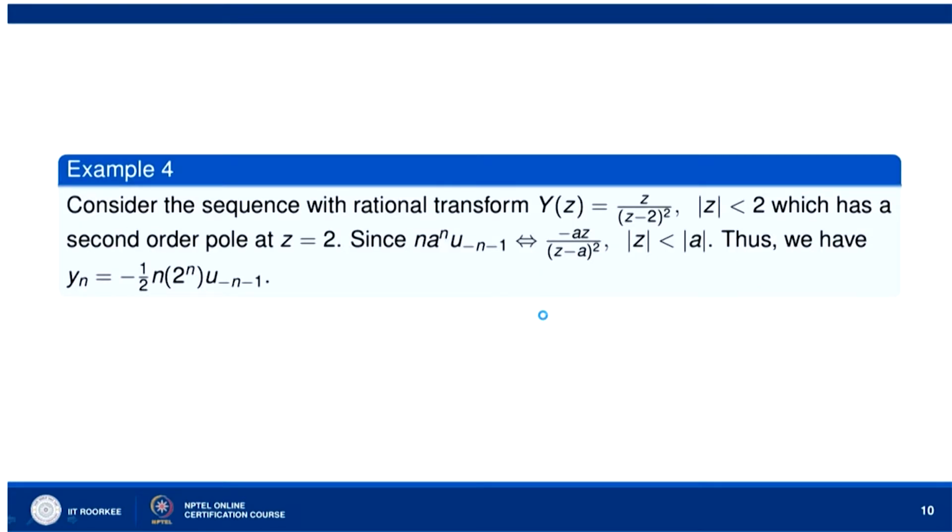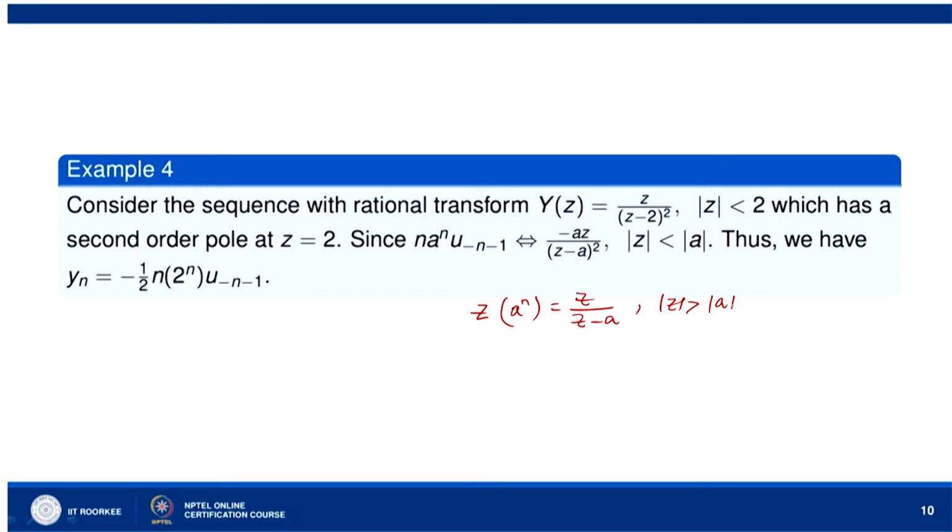Now, consider the sequence with rational transform Y(Z) equal to Z over Z minus 2 whole square when mod of Z is less than 2. We can see that it has a pole of order 2 at Z equal to 2. Okay. And we know that the Z transform of a to the power n is Z over Z minus a, in case mod of Z is greater than mod of a.